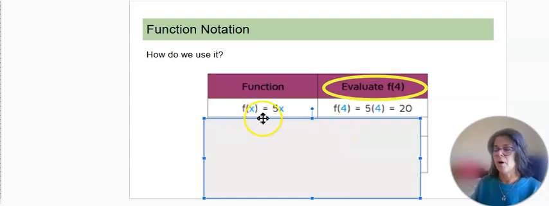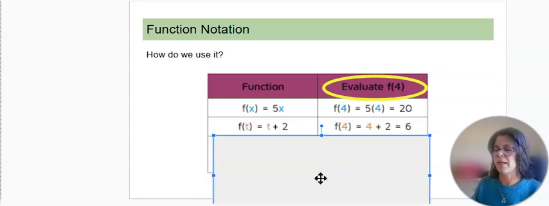F of 4 is equal to 5 times 4. Remember that a number and a letter next to each other mean multiply, and anytime we're plugging in, it's a good rule of thumb to use parentheses to remind us that we've plugged a number in there. When we multiply 5 times 4, we get 20.